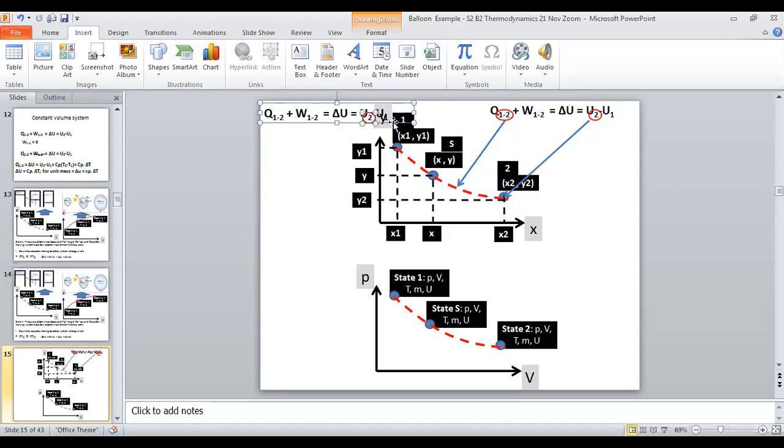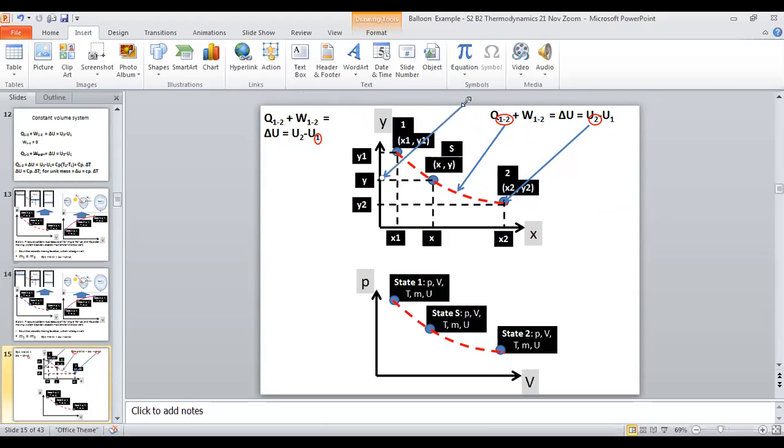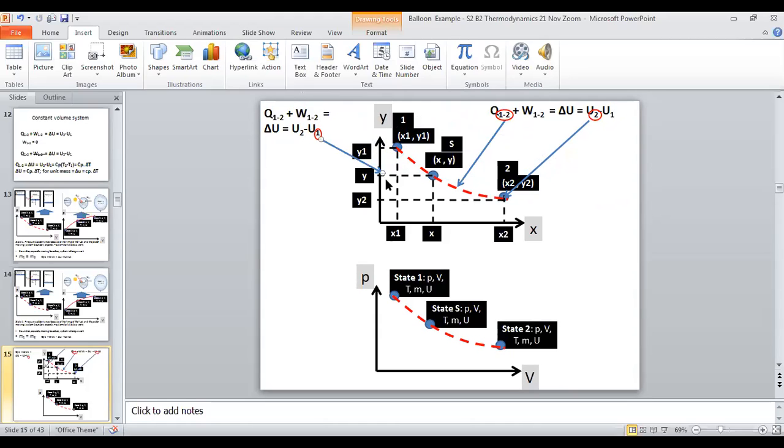I will write the same equation here. This is your 1. So 1 means, again, this is the point. So you should have a very good sense on this.